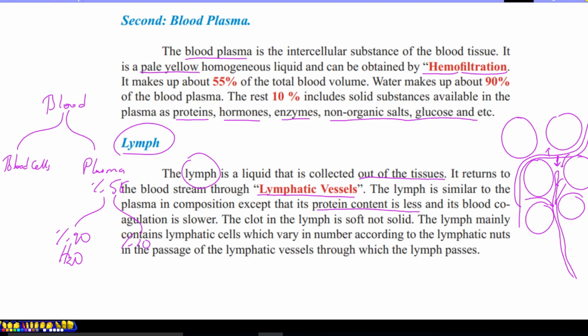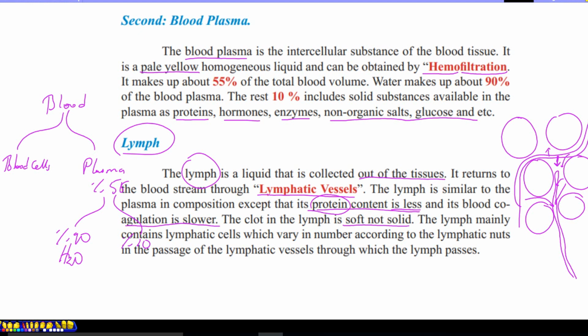Differences between lymph and blood plasma: its coagulation is slower. Why? Because the proteins found in blood can transform into fibers to help in clotting. So less protein, less fiber, slower coagulation, and a softer clot.